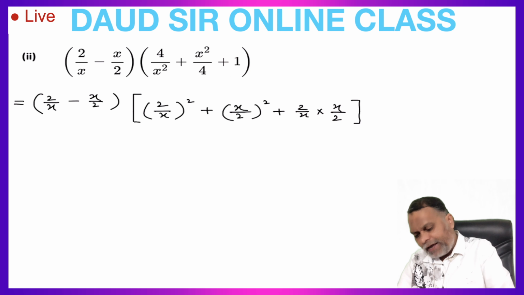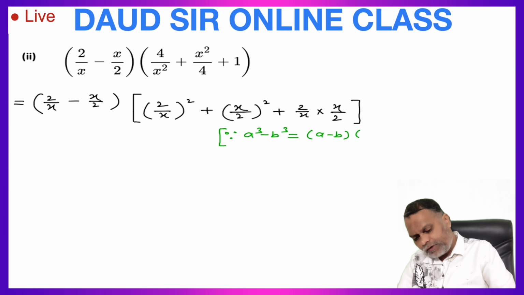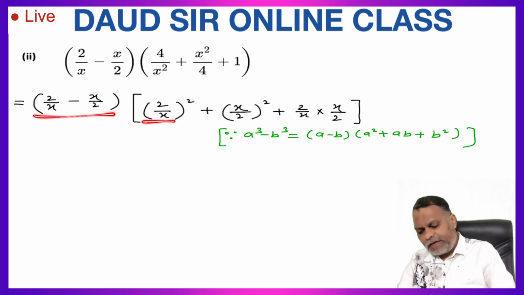Now we can apply the identity here. Since a cube minus b cube is equal to a minus b into a square plus ab plus b square. Here this is a minus b, a square plus b square plus ab. This we can write a cube minus b cube.